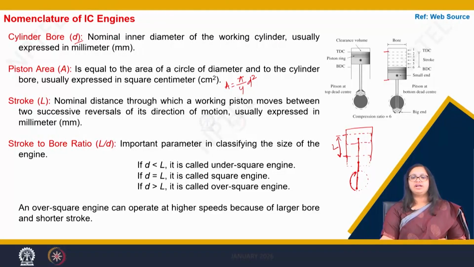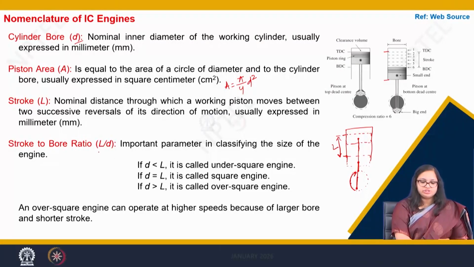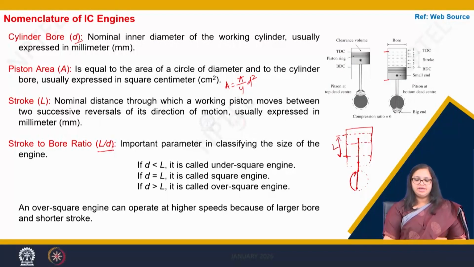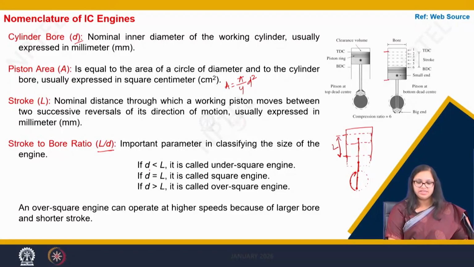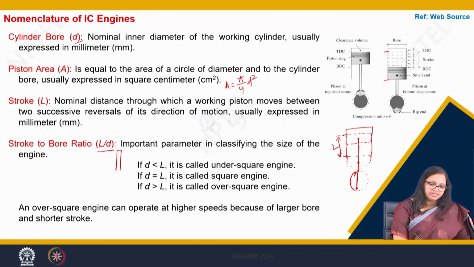Then there is another term which we call the stroke to bore ratio, that defines what kind of engine we have. This stroke to bore ratio is given by L by D. That gives the size of the engine. Let's say my diameter is less than my length, so it would look somewhat like this.